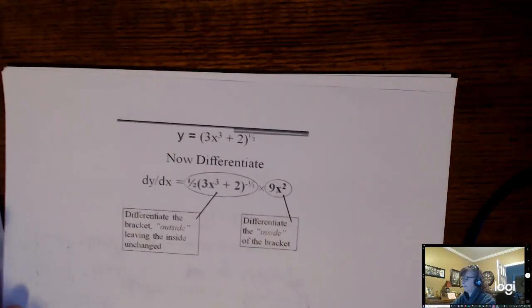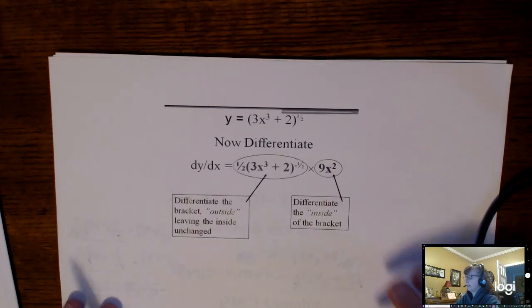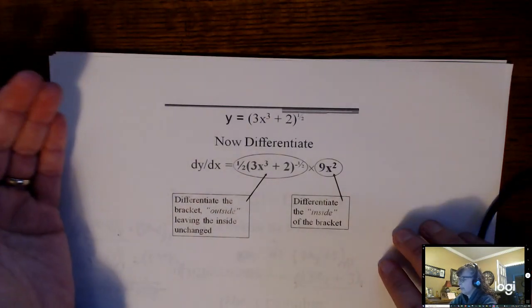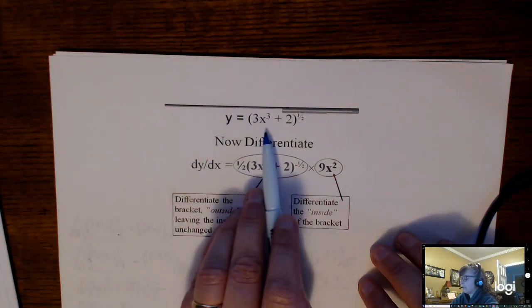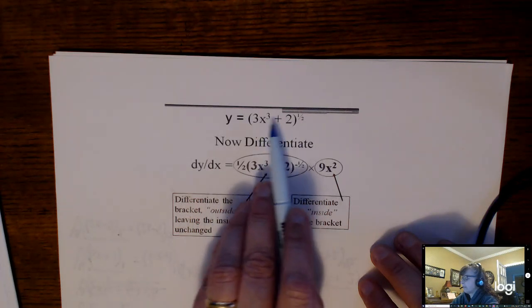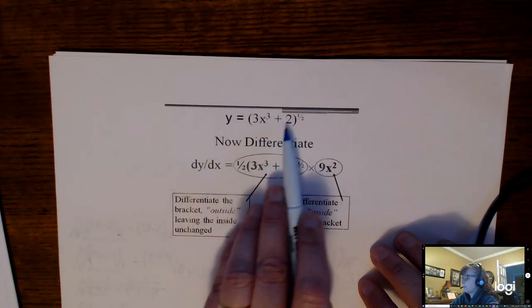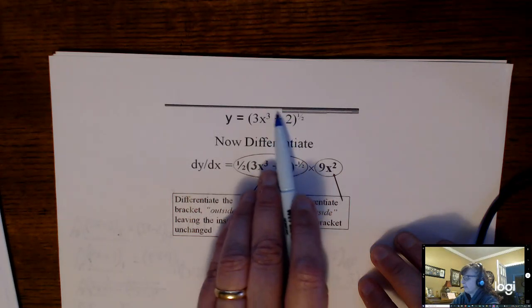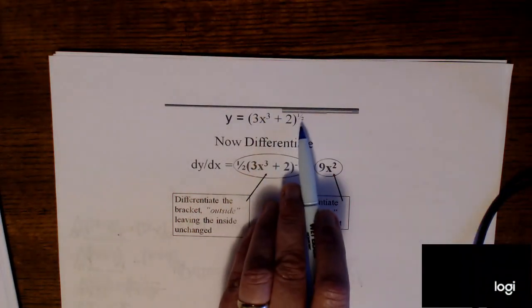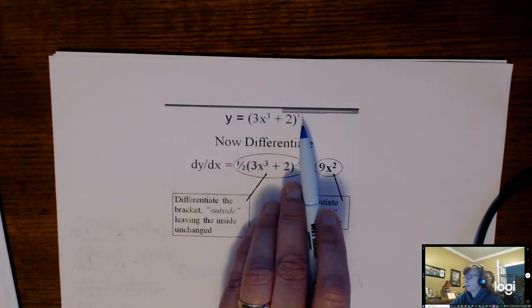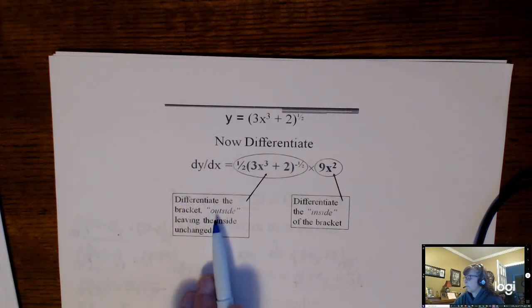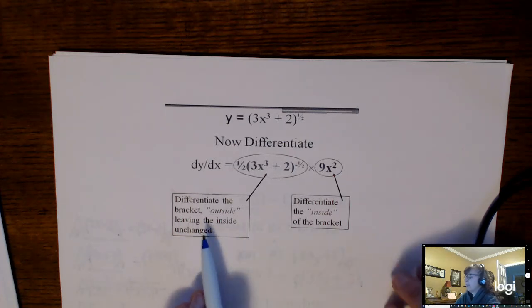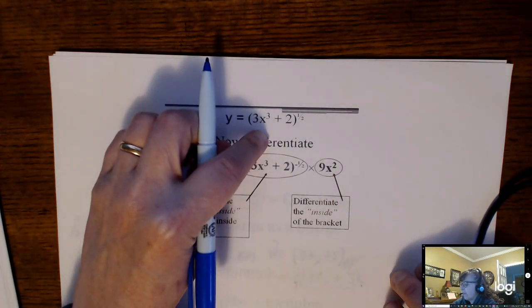Then here's how you're going to differentiate. We use the shortcut rule, and we use words to explain it. The inside of these parentheses is 3x cubed plus 2. That's what we call the inside. And this whole thing, if you think of it as one thing, is being raised to the 1/2 power. The chain rule states that you differentiate the outside, leaving the inside of the function alone.